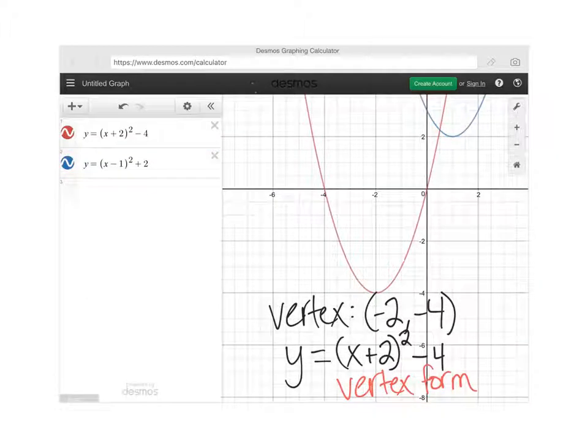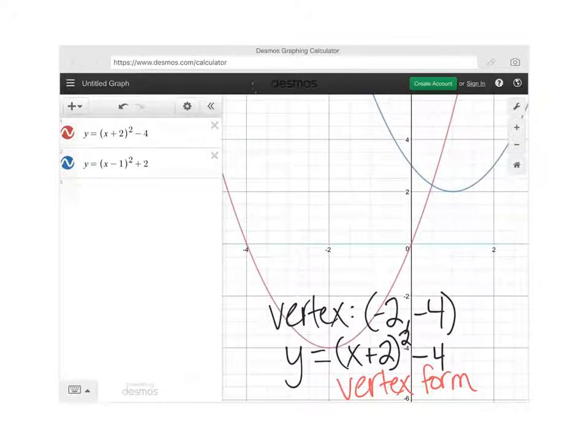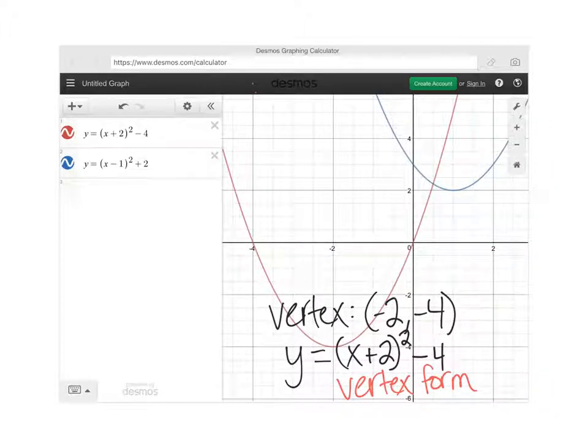Okay, so I'm actually going to need to move this a little bit. All right. Blue. Okay, so now I've graphed a blue equation.